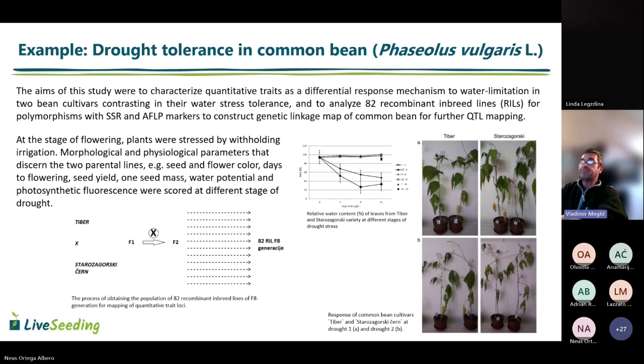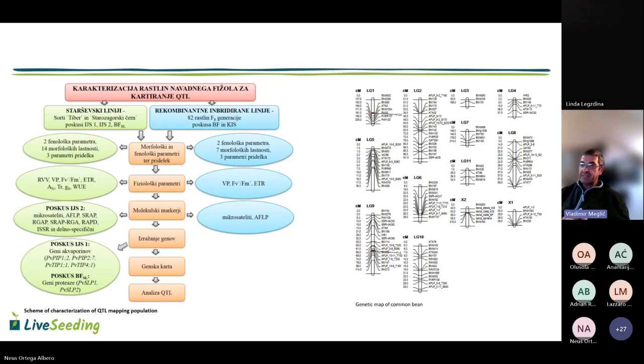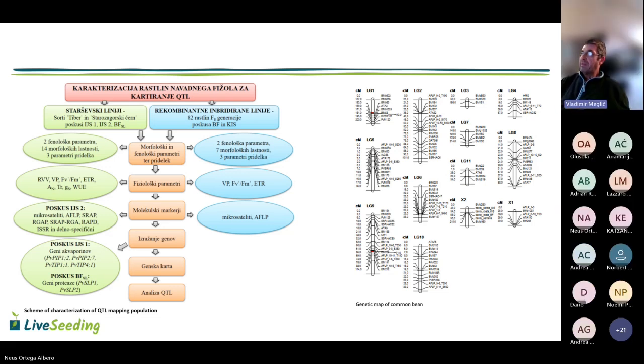Next slide, please. This is the scheme of characterization for the QTL mapping. First we produced a genetic map of the common bean based on the F2 population, and then we started to characterize the plants for the QTL map in the F8 population.